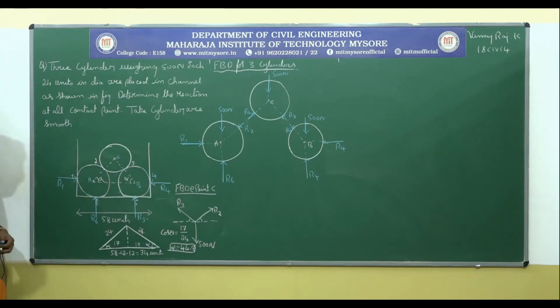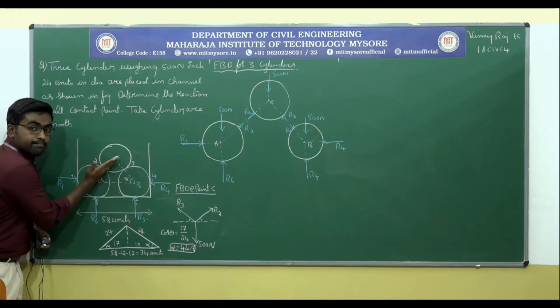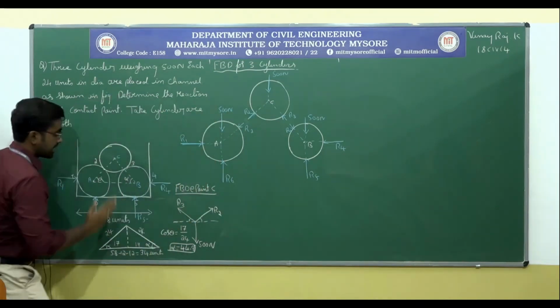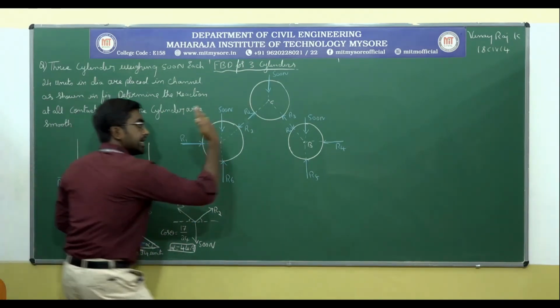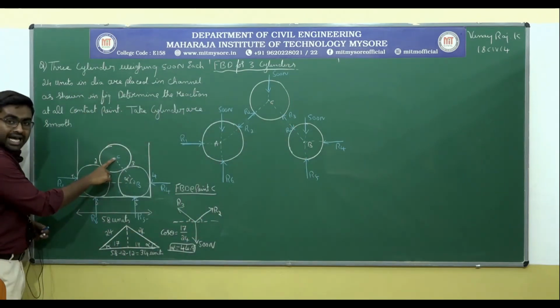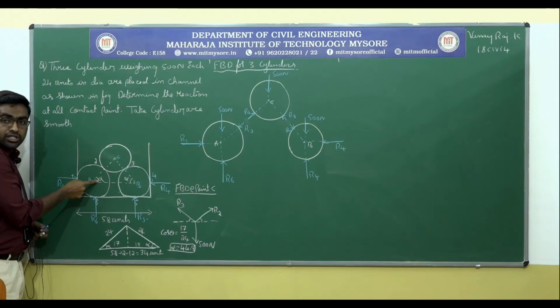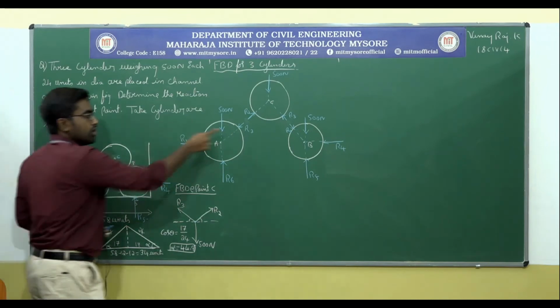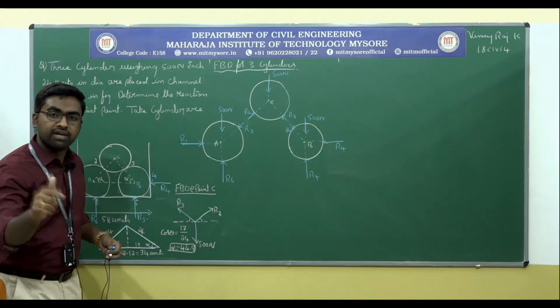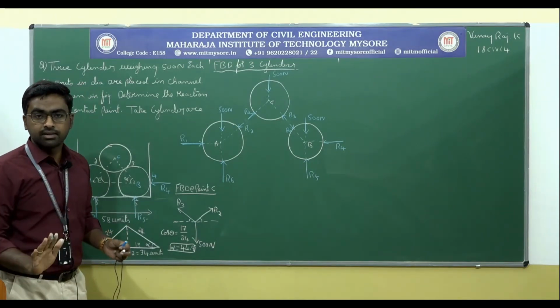Right? See, this dotted line is representing R2 and this dotted line is representing R3. That means if the dotted line angle with respect to horizontal is alpha, so for R2, the angle with respect to horizontal will be equal to alpha. That's it.